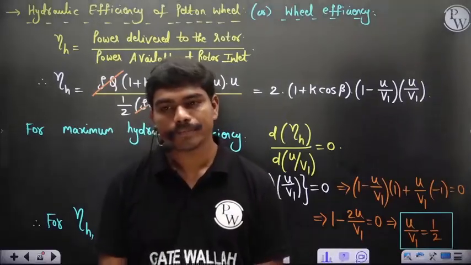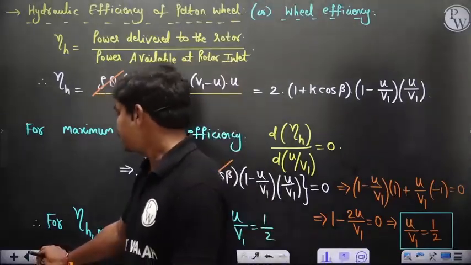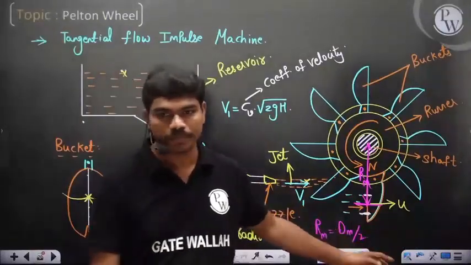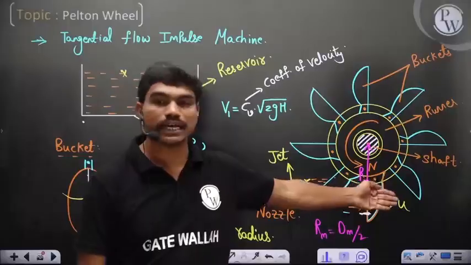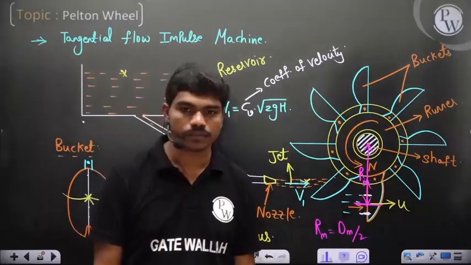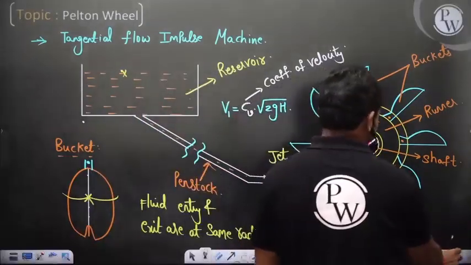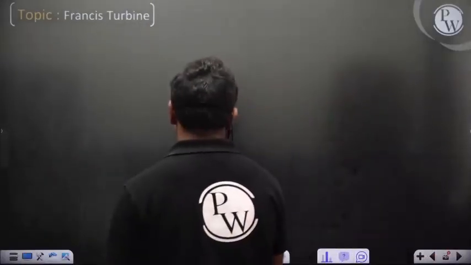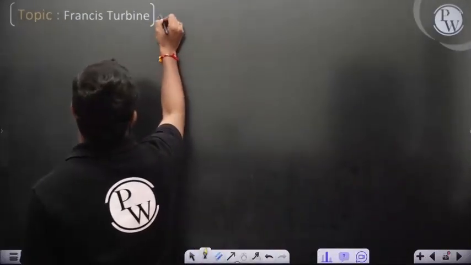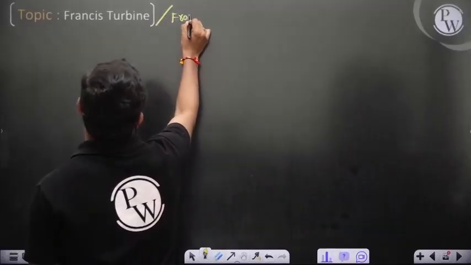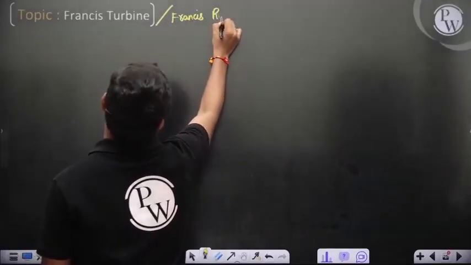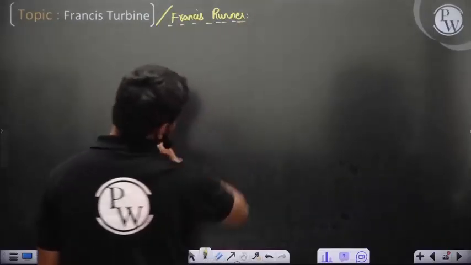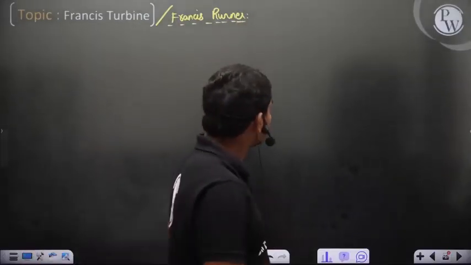Okay, so this is the type of machine that you have: a tangential flow impulse machine, because it's purely an impulse machine, and the flow is purely tangential to the wheel. Okay, that's all. Now let us look at the Francis turbine, or the Francis runner as it's generally called.